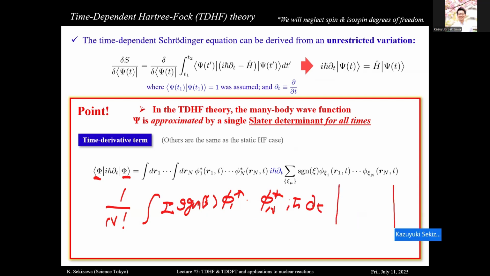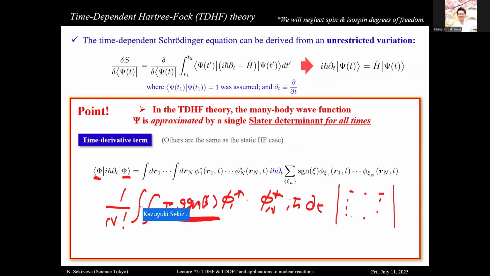So let's say you have this determinant in the ket state. The point was this: you have the n factorial term coming from this summation.